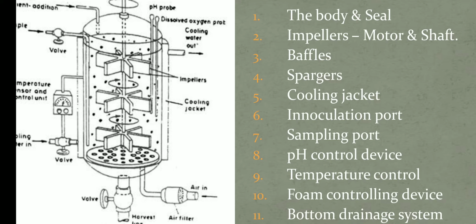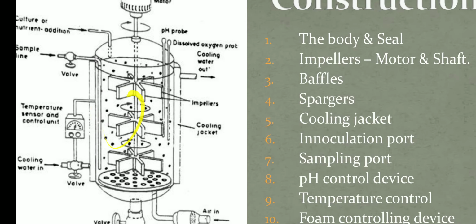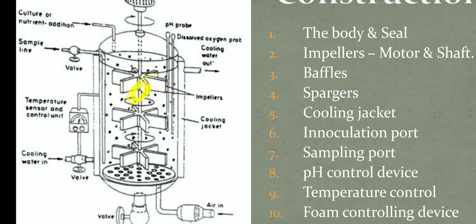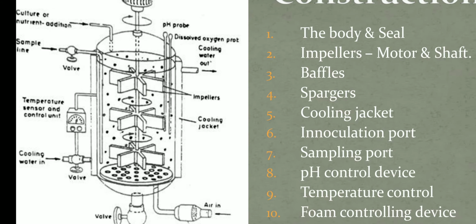The mixing of the ferment contents, or the agitation of the contents, is very essential, because the cells are dispersed or suspended in this nutrient media. Sometimes the cells will coagulate or the nutrient medium will coagulate. So therefore, to remove this coagulation, agitation is very important.